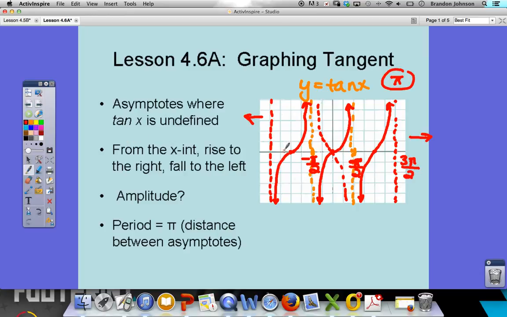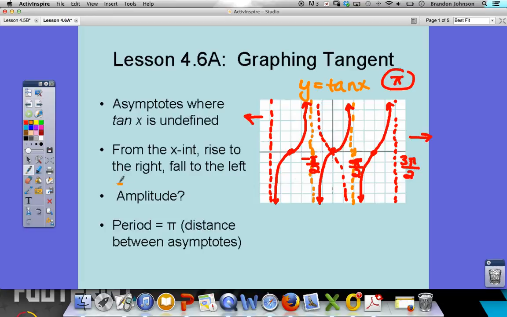The x-intercept is always between the two asymptotes. Notice that this one is at the origin. This one would be over to the right a little bit more, between pi over 2 and 3 pi over 2, and so on the other side. Now, when the period or phase shift changes, that may change just a little bit, but just to give you an update on that, that's very important.